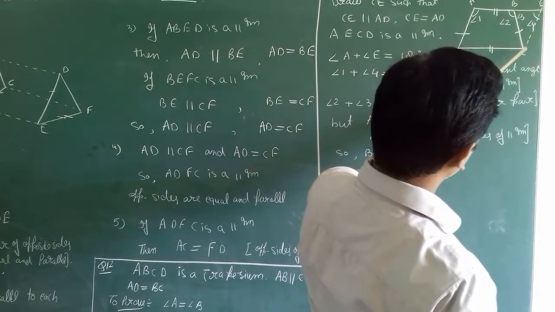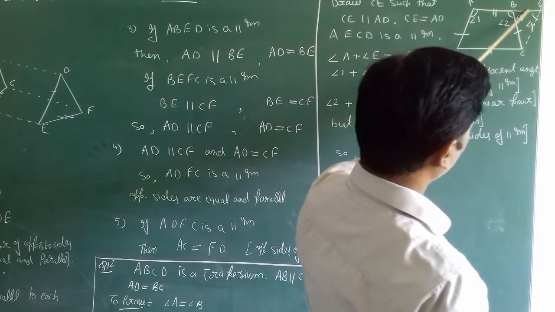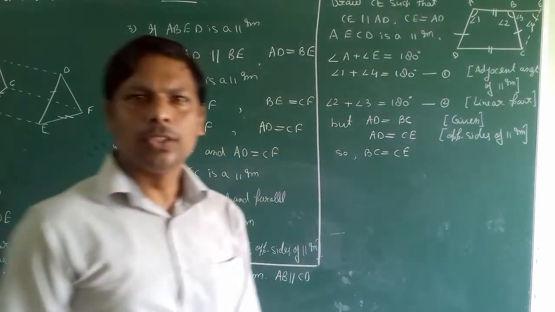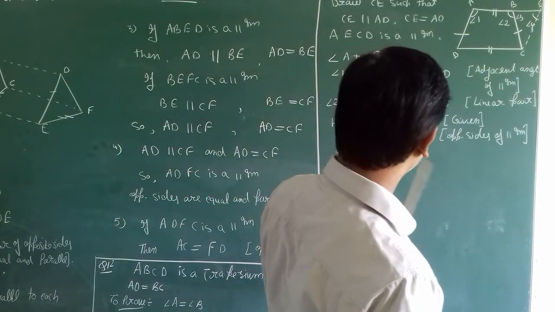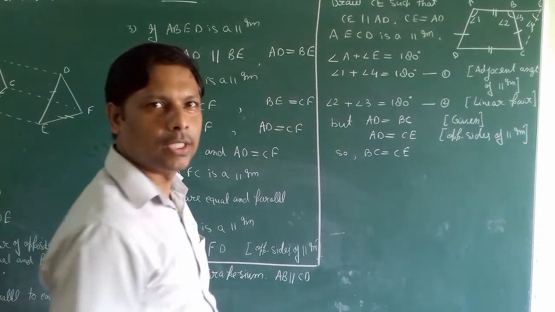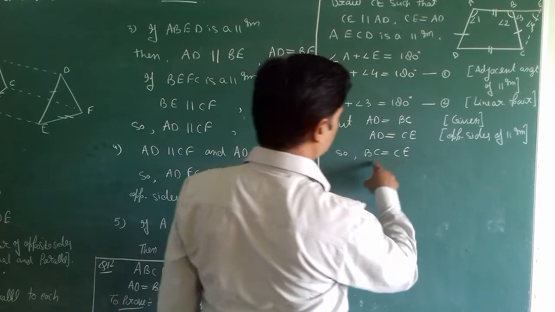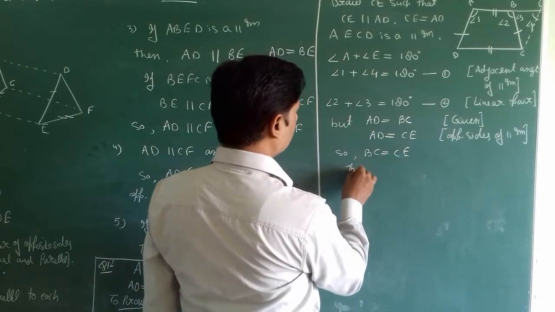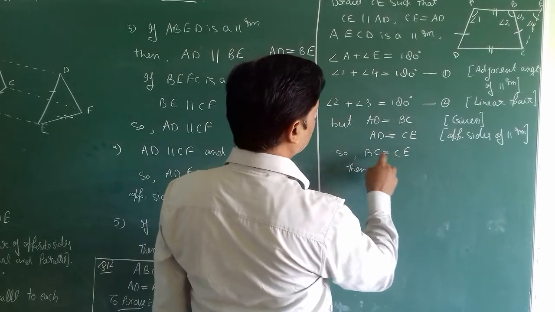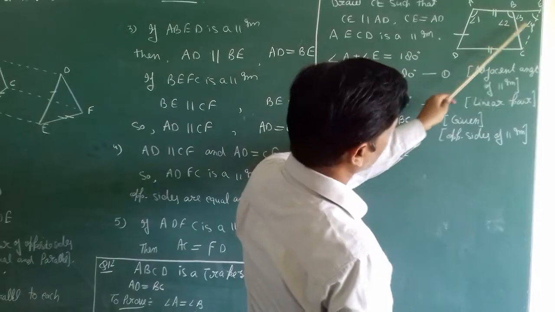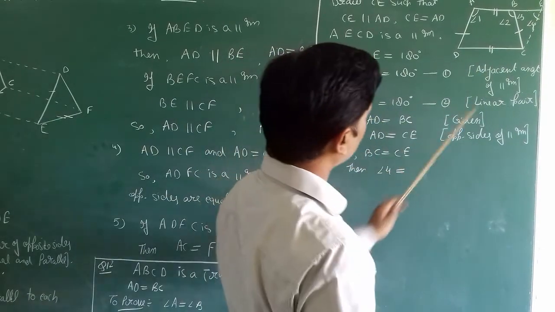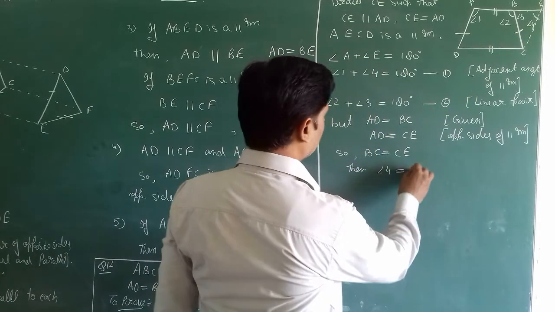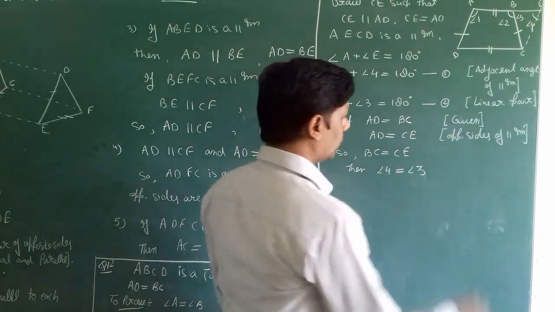Here BC side will be equal to CE. Right, students? So if two sides are equal in a triangle, then their opposite angles are also equal to each other. So if two sides are equal, then the opposite angles: the opposite angle of BC, that is angle 4, and the opposite angle of CE, that is angle 3, are also equal to each other.